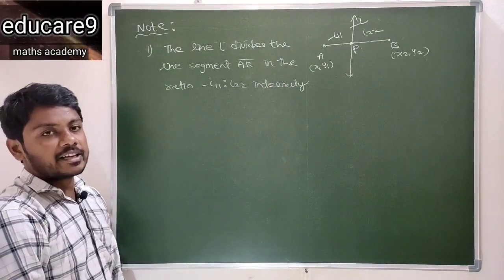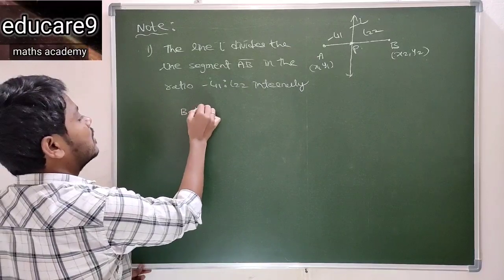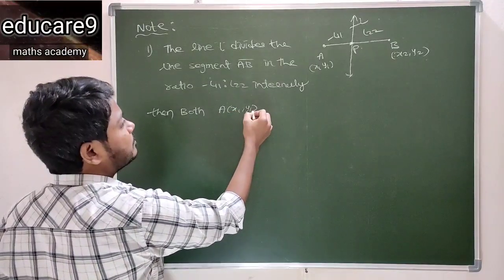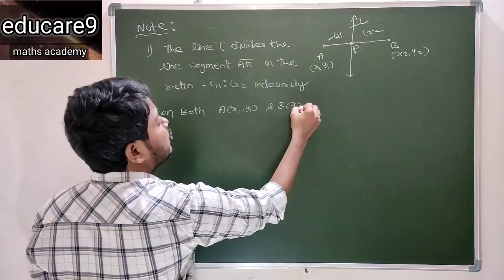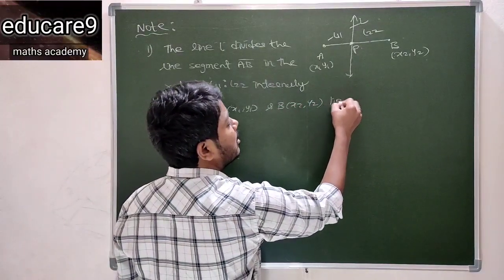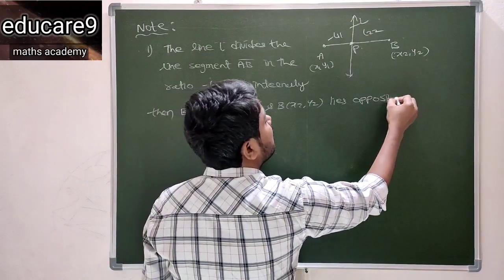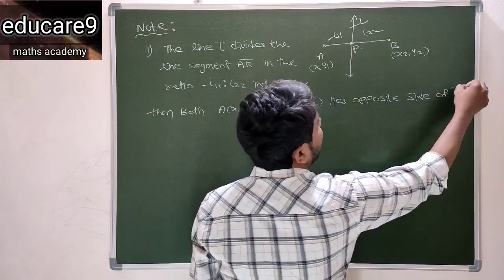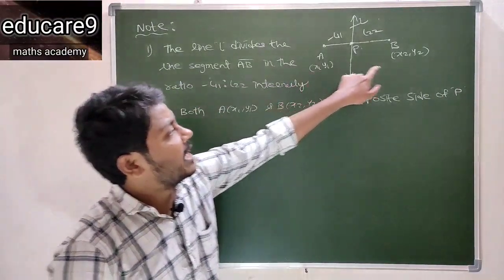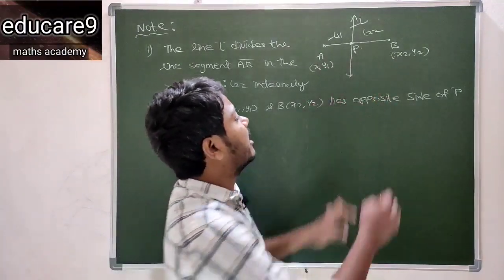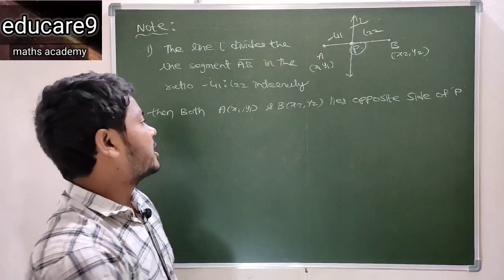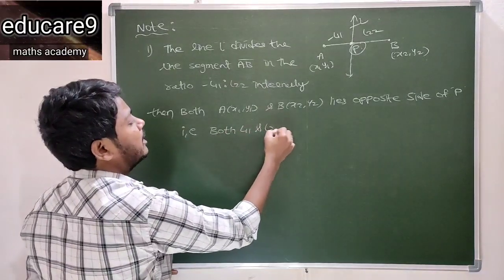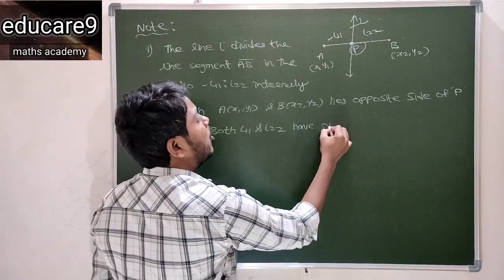Okay, so in that case you can say that both A (x1, y1) and B (x2, y2) lie on opposite sides of P. So clearly both A and B lie on opposite sides of the point P. That means L11 and L22 have opposite signs.